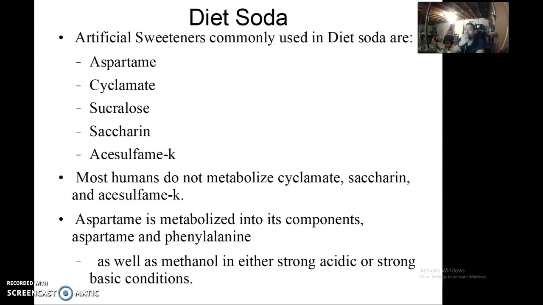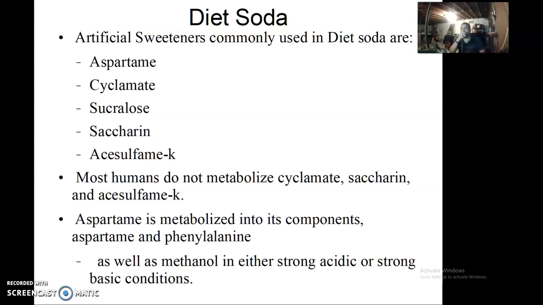There are no residues left, and they certainly don't break down into the urea cycle, so no increase in ammonia or need for excessive urea. Aspartame is metabolized into its components, aspartate and phenylalanine, and in a strong acidic environment, methanol ends up being created.